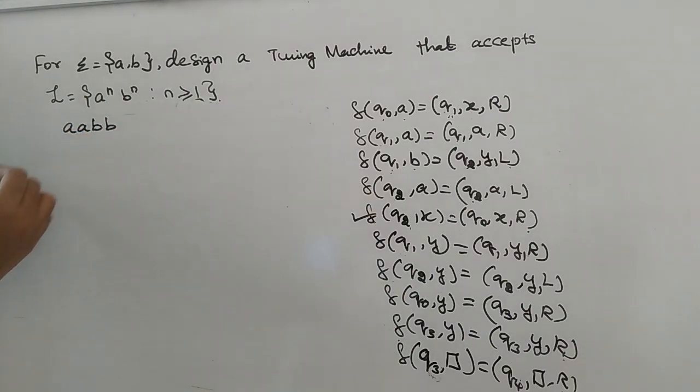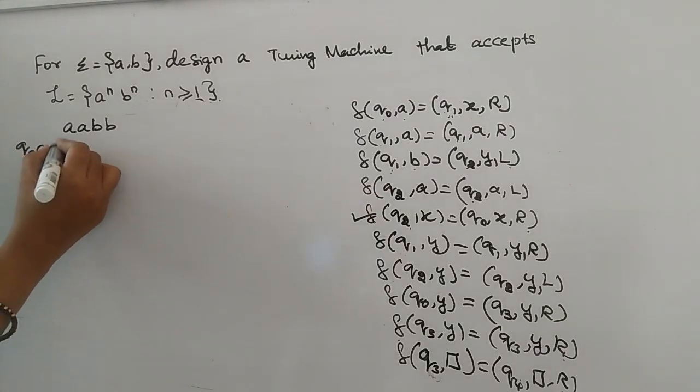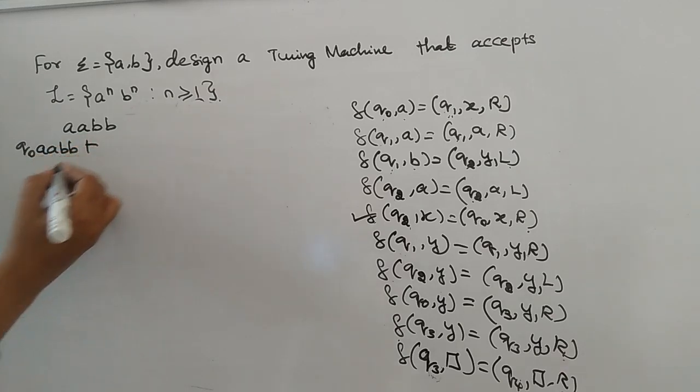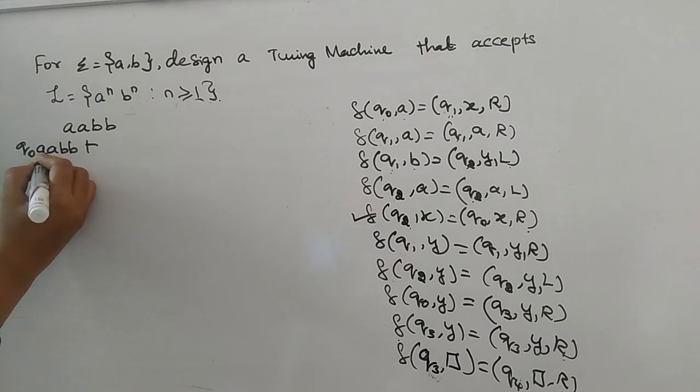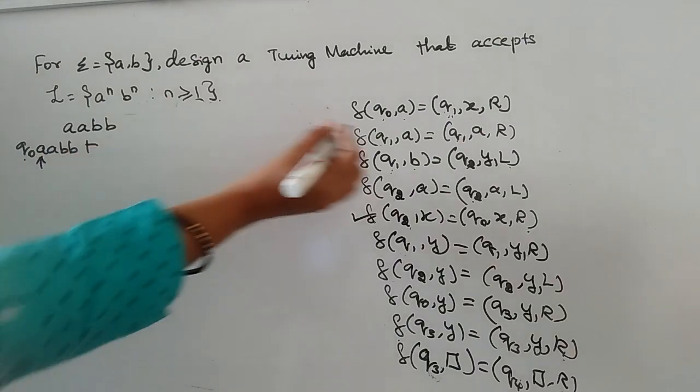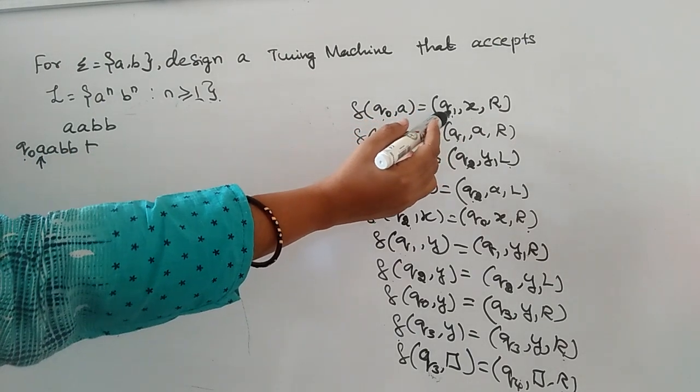Okay, and since the machine starts from the initial state Q0, I have written Q0 here and AABB. Now I am going to process the first symbol A. So now the machine is in the state Q0 and the read-write head is pointing to A. So what is the transition that we have written here?